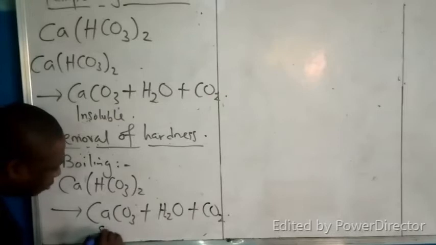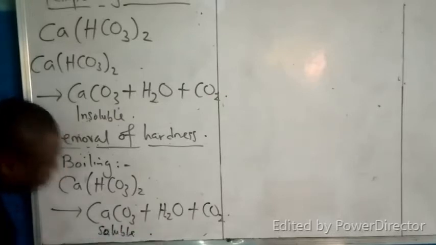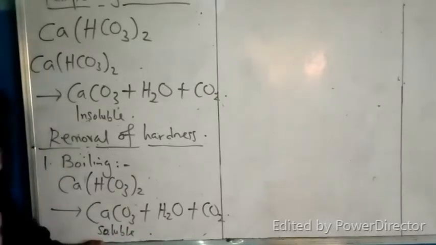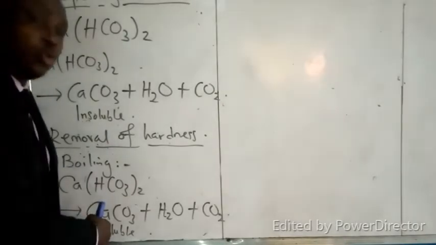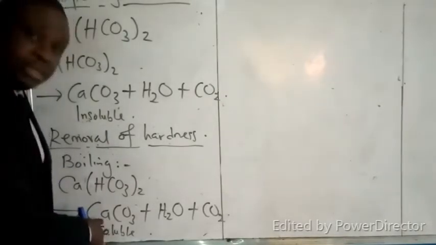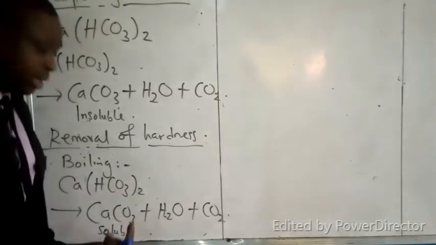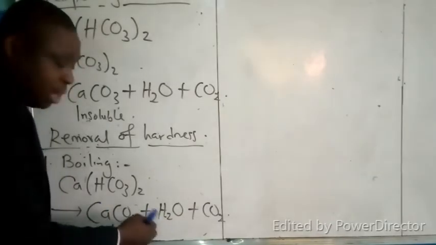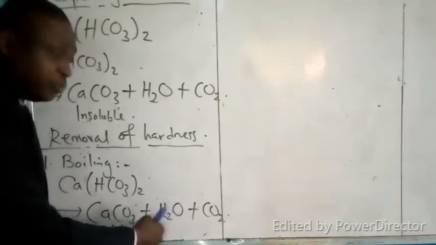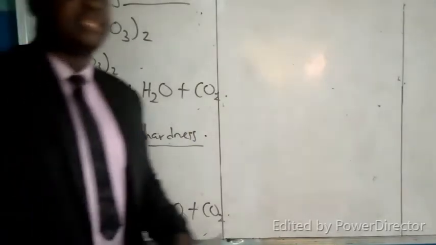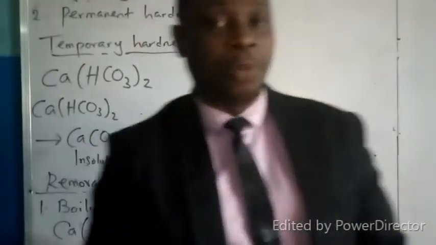This one is soluble. So in this case, if you add your soap to it, what the soap does is to replace the calcium ion, that is, take the calcium ion away, right, and to give you a soluble form of that water to form lather.